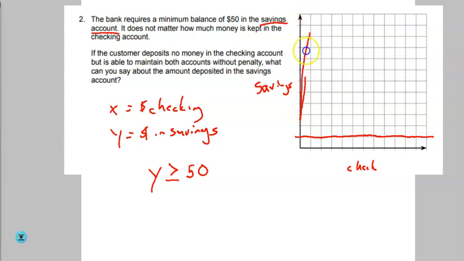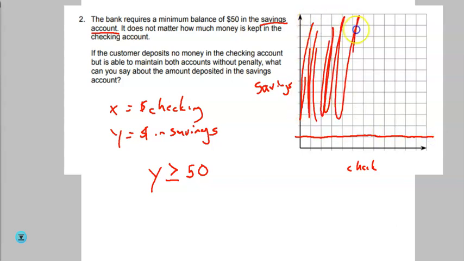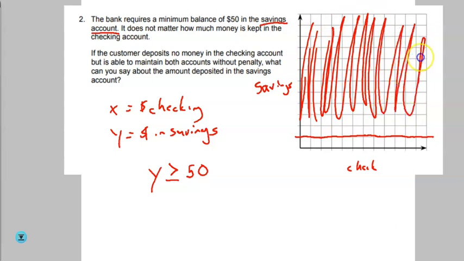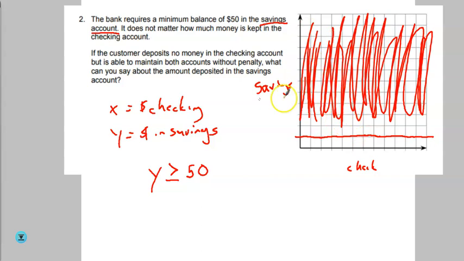So we know all deposits have to be above. Now we're just talking about the fact that it has to be $50, not the first part. We're going to put everything together later. But right now we're just looking at if you have to have 50 in savings, it has to be above that line. So now we can answer the question based on this.